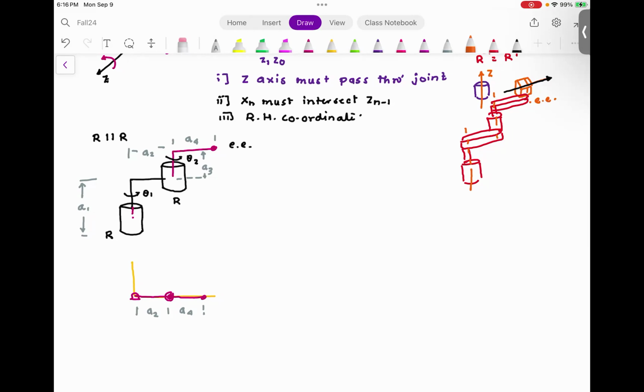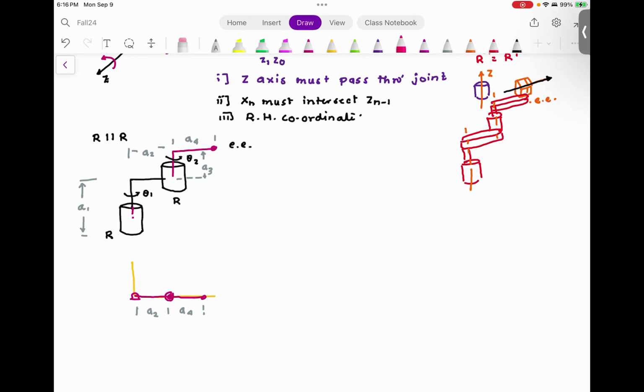The configuration diagram must be drawn when the robot angles are 0, which means theta 1 is 0 and theta 2 is 0. Now, I'm going to use these rules and set up my axes. First, how many joints do I have? I have 2 revolute joints.